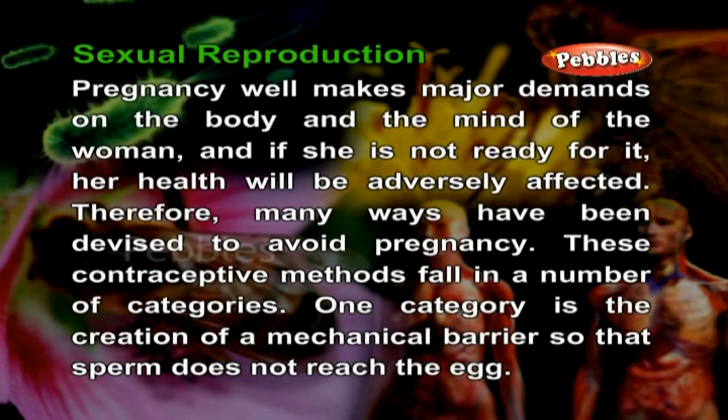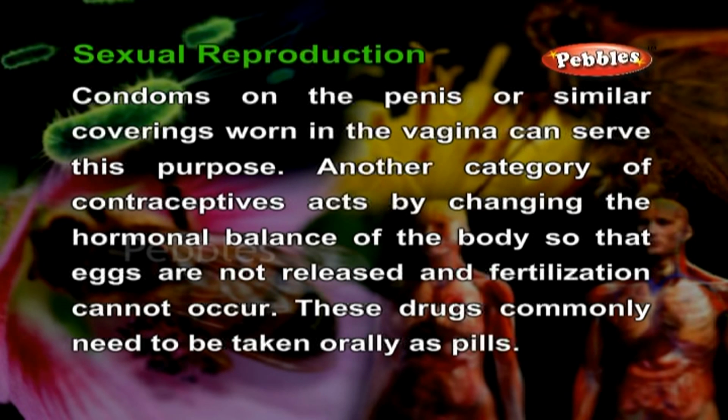One category is the creation of a mechanical barrier so that sperm does not reach the egg. Condoms on the penis or similar coverings worn in the vagina can serve this purpose. Another category of contraceptives acts by changing the hormonal balance of the body so that eggs are not released and fertilization cannot occur.